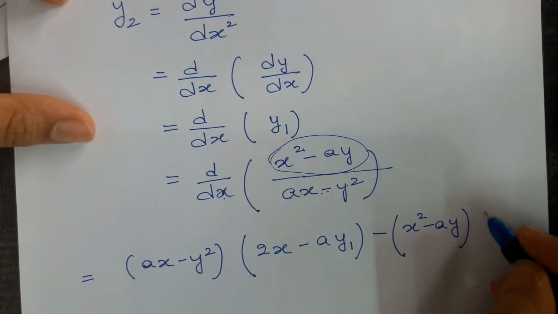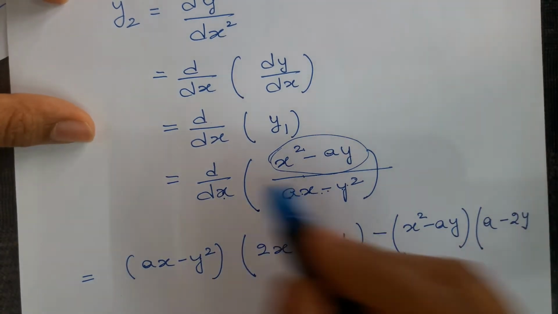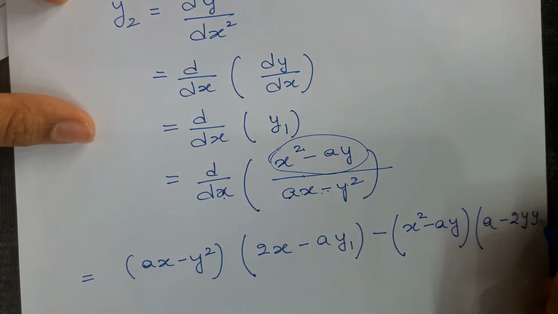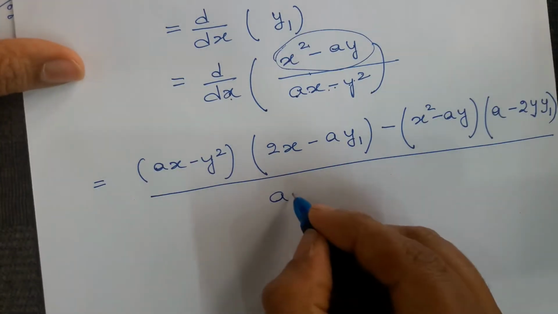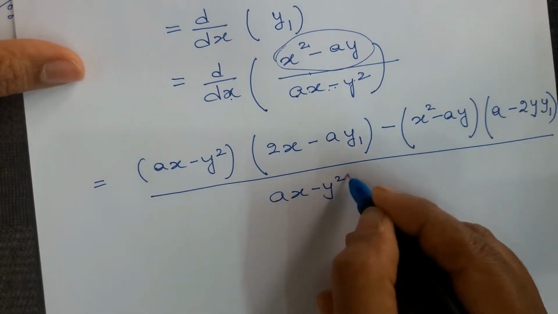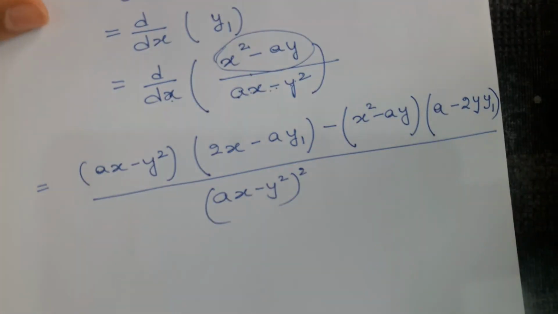Ax minus y square you should differentiate: ax differentiation is a, and minus y square differentiation is 2y, and y again with respect to x gives y1, all divided by ax minus y square whole square. This is the quotient rule.